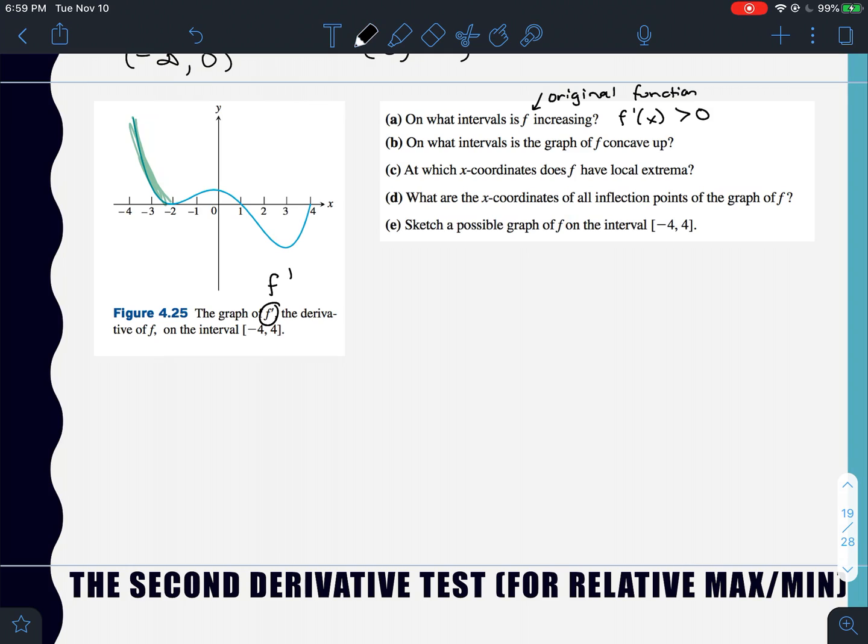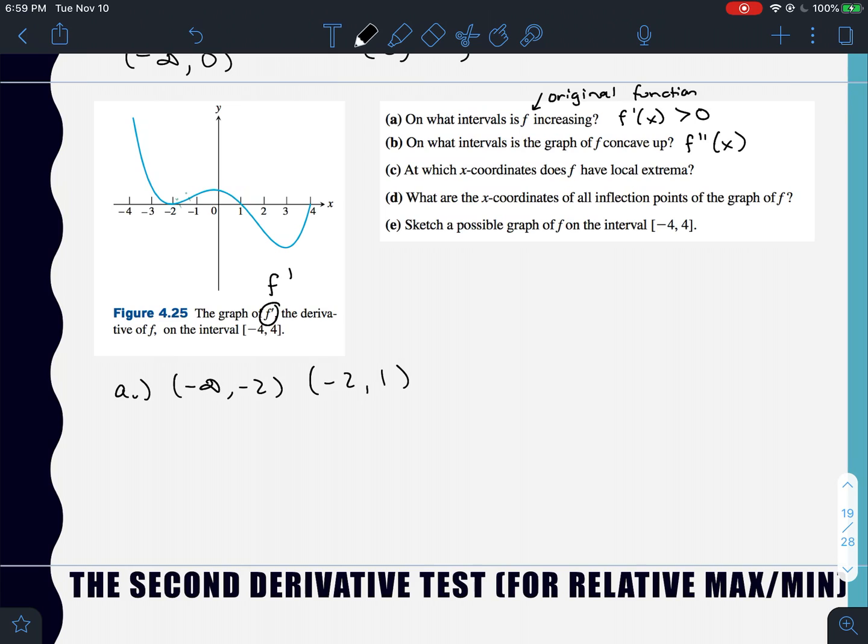So where on this graph is f prime positive? Well, it's positive when it's above the x-axis. So it would be positive from negative infinity to negative 2, and then at negative 2 it's 0, so it's not positive. And then it's also positive from negative 2 to 1, because it's above the x-axis. So that's when the original function would be increasing.